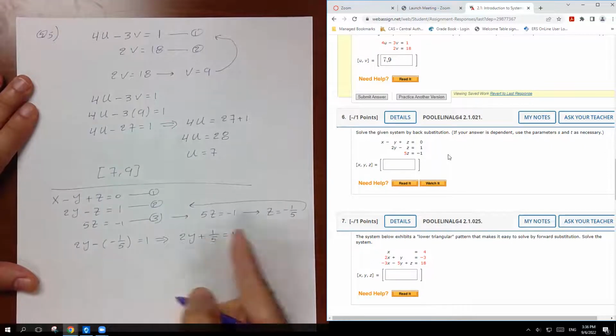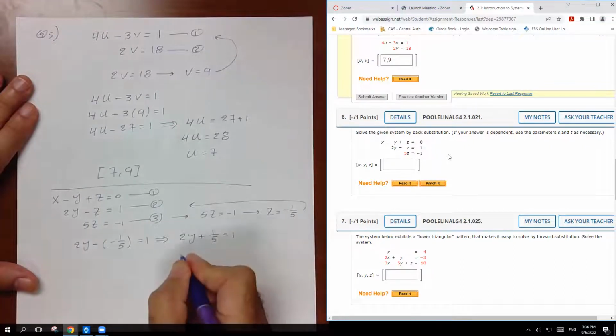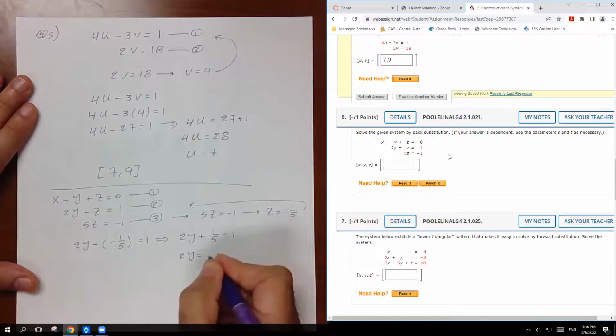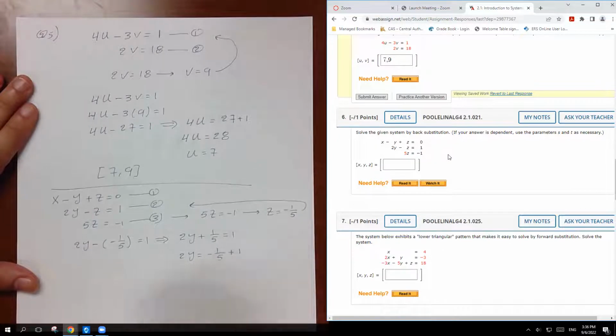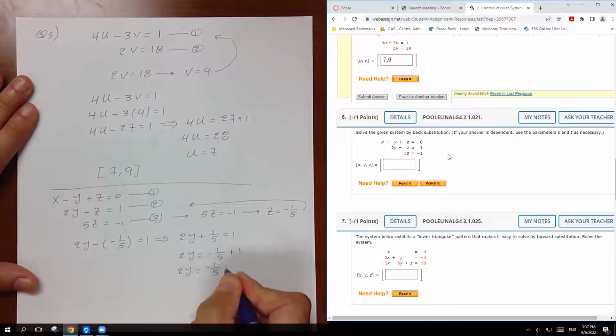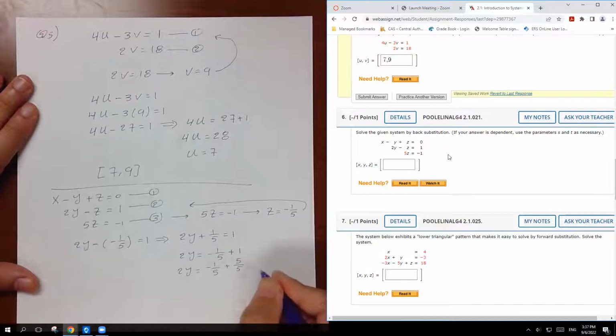Then I'm going to move this one to the other side. So it's going to be 2y equal -1/5 plus 1. Then I'm going to find the common denominator. So 1/5 plus 5/5, then it's going to be 2y equal 4/5.